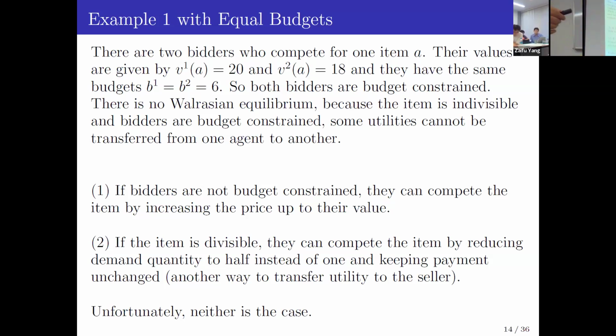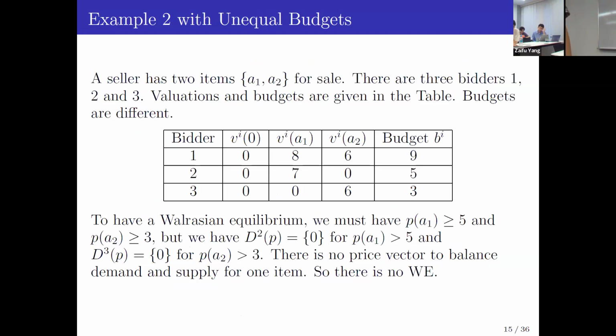Okay, so this is a very particular case, the equal budget. We can also easily have a more general case where agents have different budgets, and it is still difficult. So now here, the seller has two items, A1 and A2.